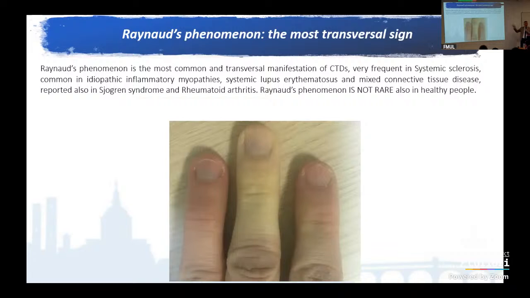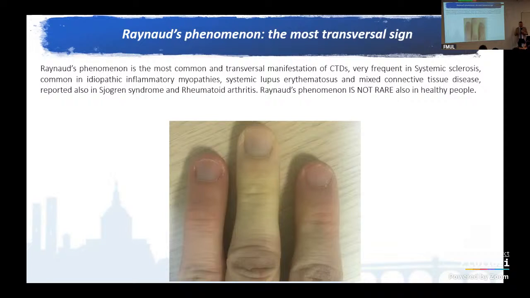You know it perfectly. You know also perfectly that when we are asking a patient if he or she has a Raynaud phenomenon, we may have a lot of answers completely wrong. You need to show a picture, this one. Please observe. No, okay, I was wrong.